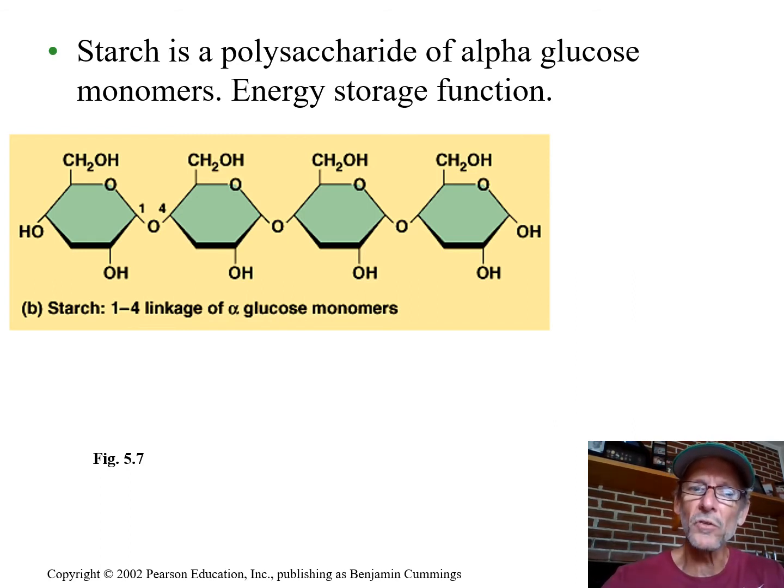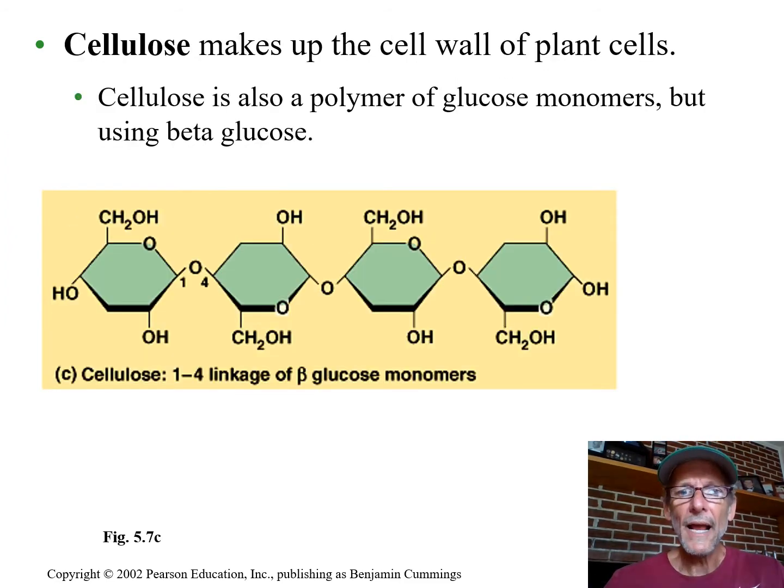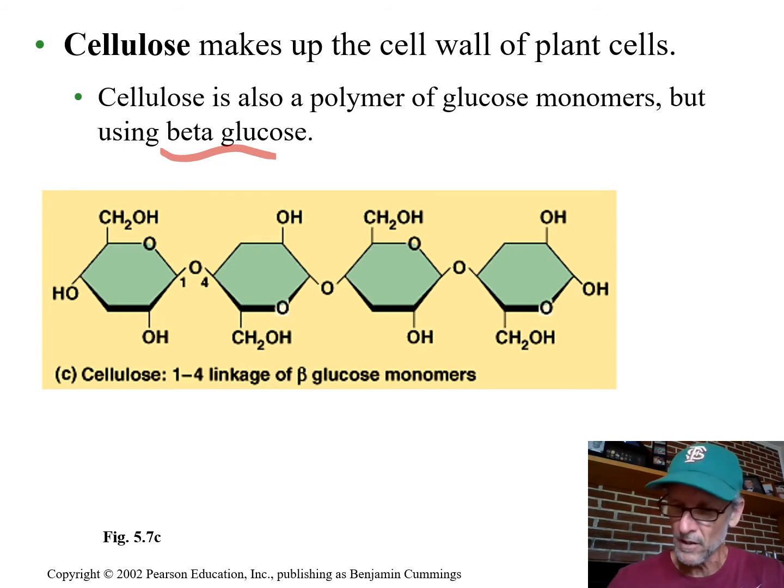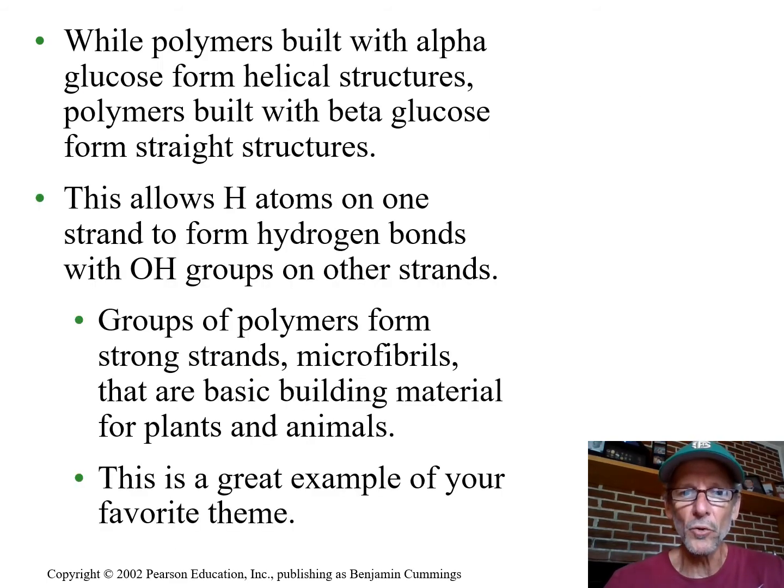And this allows enzymes, which have evolved, to break them down easily and be used for energy. And cellulose, however, is made up of beta glucoses, and that causes them to not be able to be broken down easily, which is exactly what you want in some kind of structural strength, strong building block molecule.